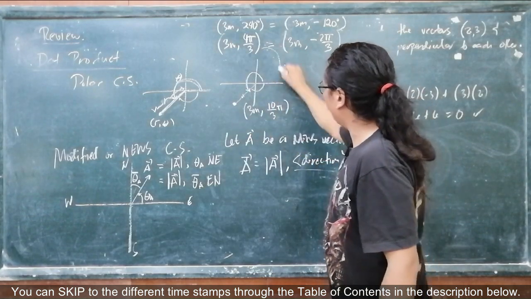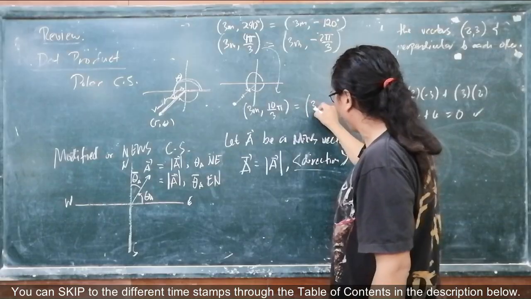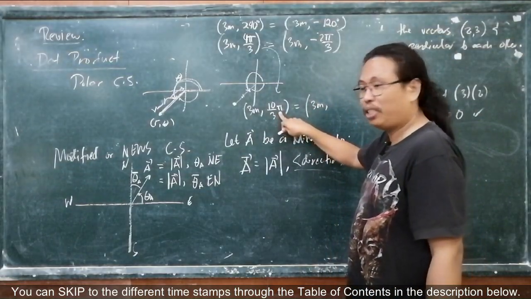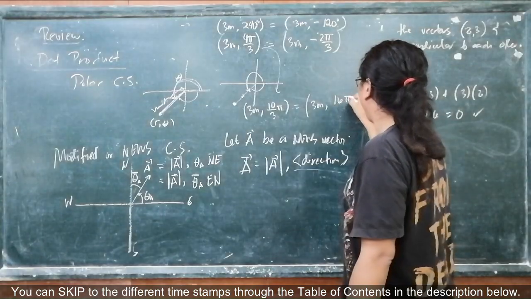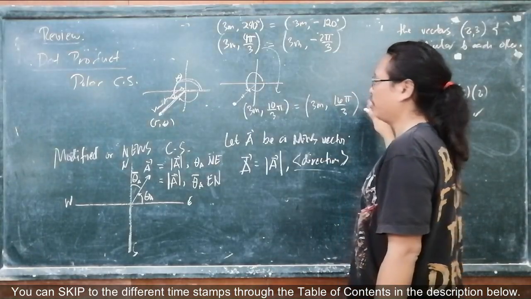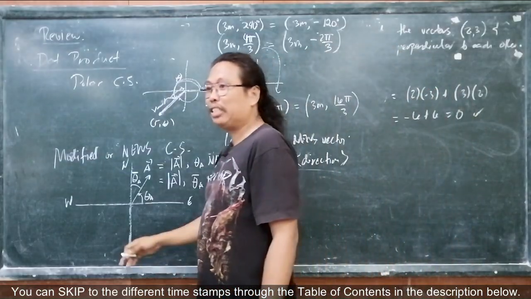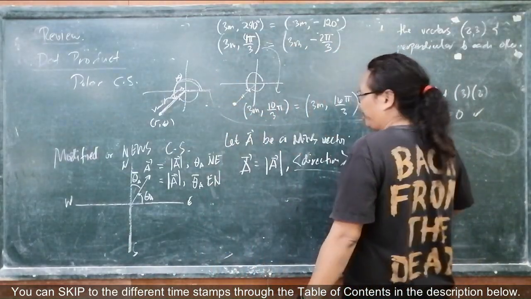This is also equal to that. And this is also equal to 3 meters plus another 2 pi, which is 16 pi over 3. So, there are infinitely many ways to do this in the polar standard.